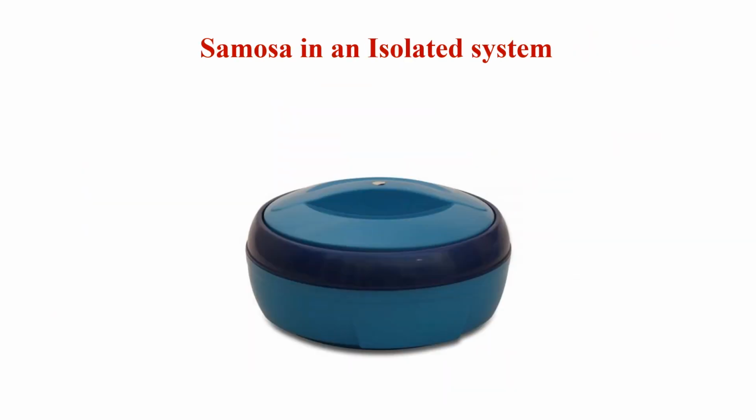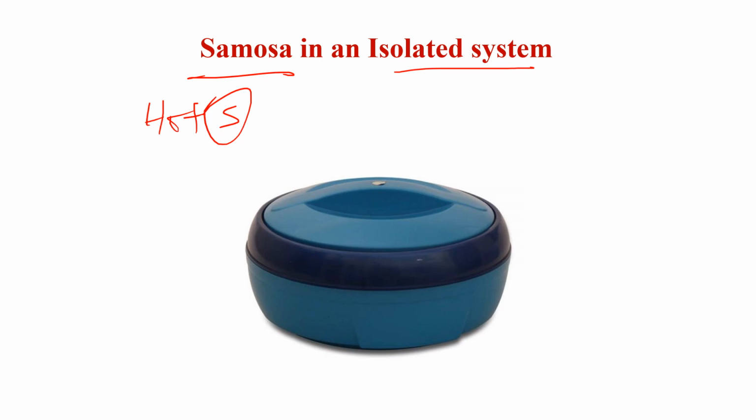Now we are left with the isolated system. An isolated system does not allow the exchange of either energy or matter with its surroundings, right? So after frying the samosa, we have the hot samosas with us, right?